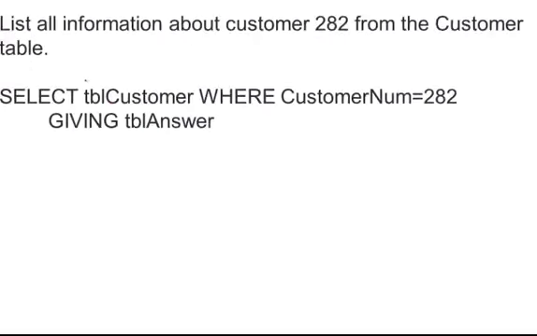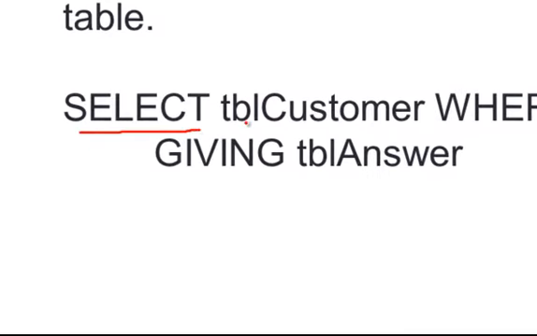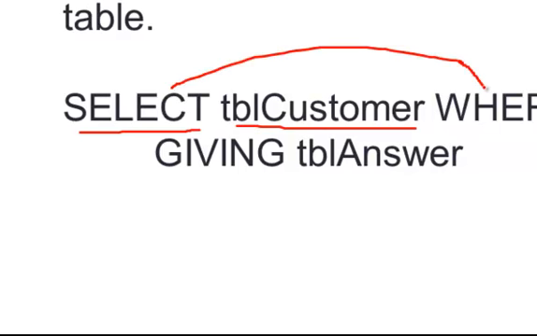Using relational algebra, this is just a select query. So I'm starting off with the word select and then the table that I'm pulling the data from. Remember, a select is simply pulling an entire row. A select always has a where. So I'm selecting a row from this table where the customer number is 282.